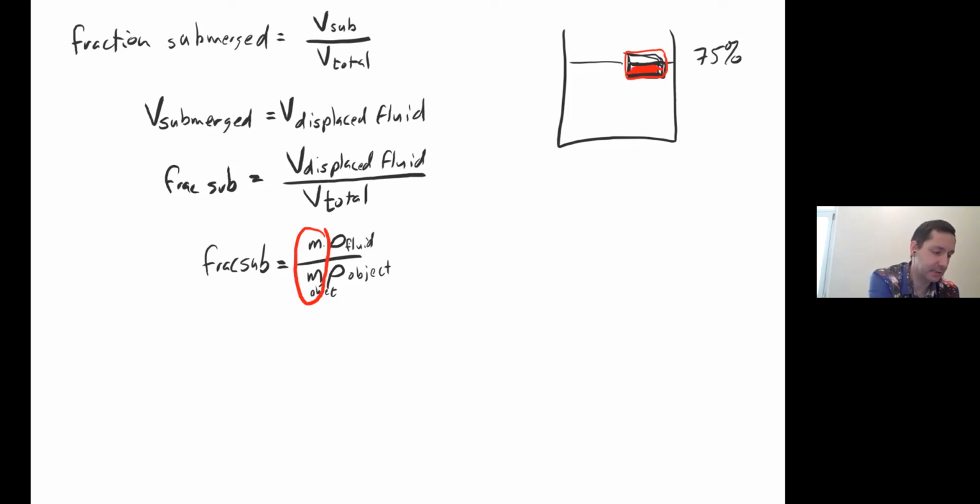Okay, so these cancel out, which means that our final formula is that the fraction submerged is equal to the density of the fluid over the density of the object.